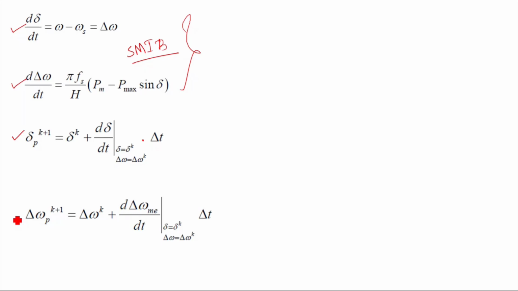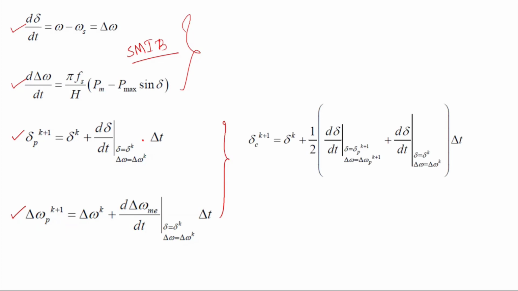And the delta omega at predictor step, delta omega pk plus 1, will be equal to delta omega k plus d delta omega by dt, evaluated at delta equal to delta k and delta omega equal to delta omega k, multiplied by delta t. So this is your predictor step.